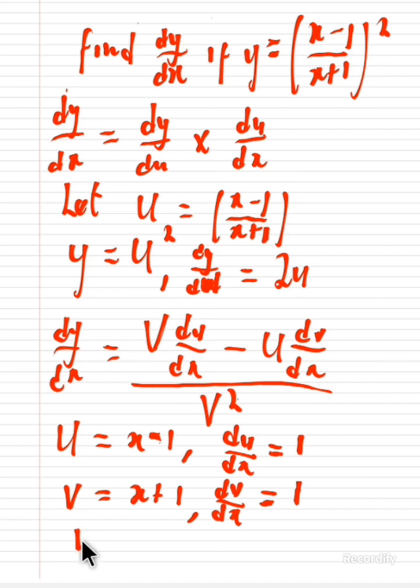And my v squared, of course, now will be equals to x plus 1 squared. Alright, so these are what we're having, and I will be going to substitute all these variables back into the formula here. So I will have to go to the next page now.